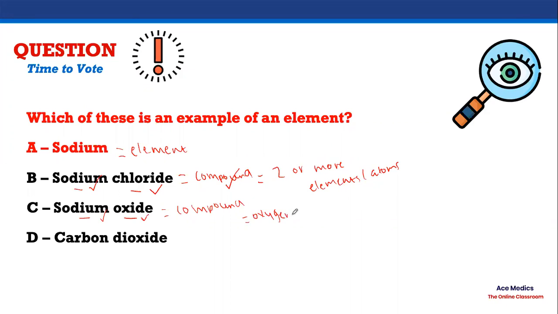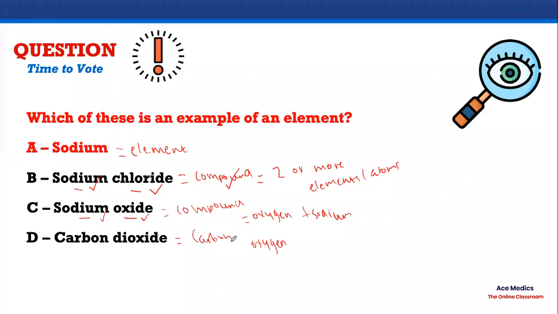So it has sodium plus oxygen, and sodium and oxygen have undergone a chemical reaction and been chemically combined to form the compound sodium oxide.